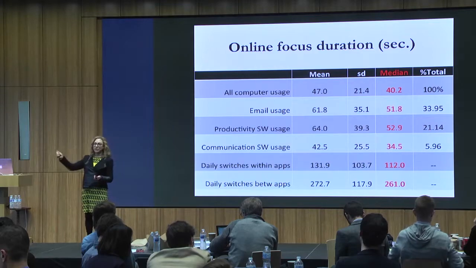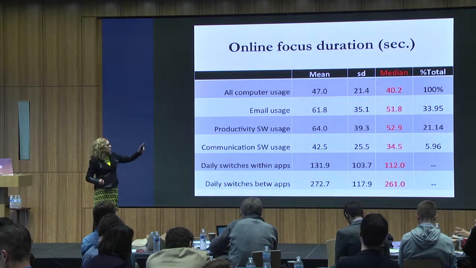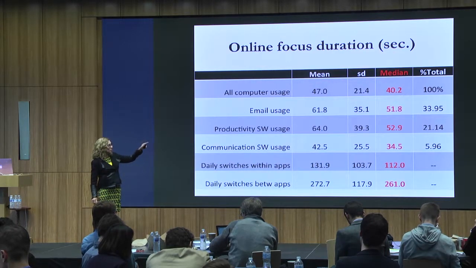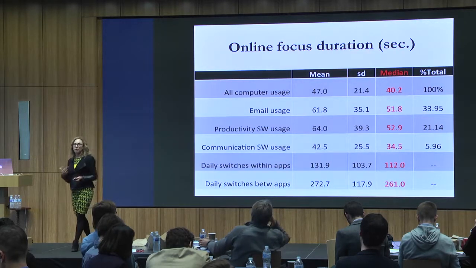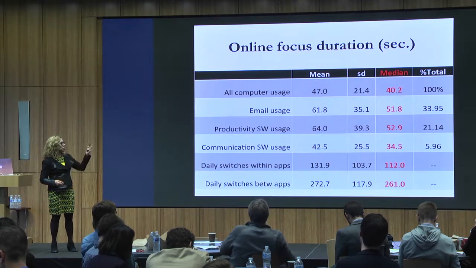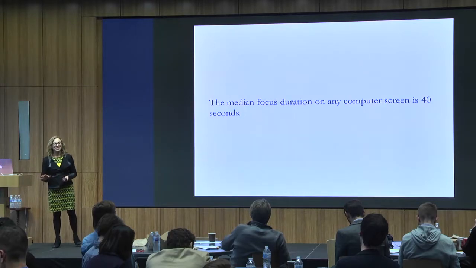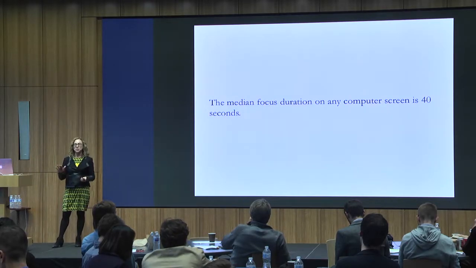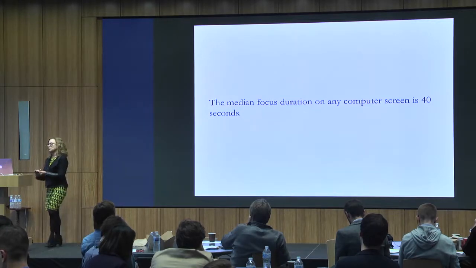So in other words, if you click on email, we make the assumption that your attention is on that email application. And we find that the median duration of time for all computer usage for the participants who we measure, it's 40 seconds. So 40 seconds is not very long at all. That's the median duration of people's attention who are modern information workers.